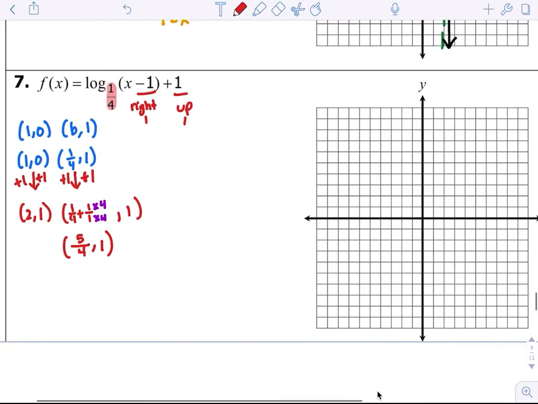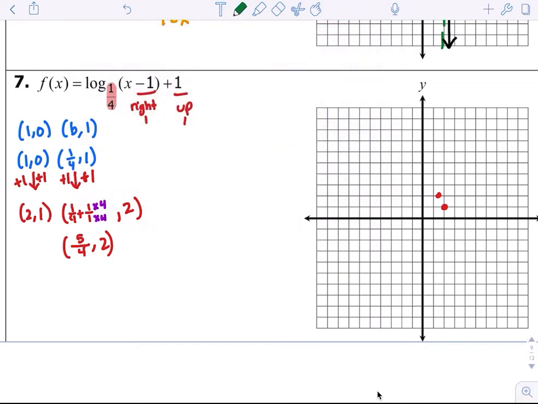So we're going to get (2, 1) right there. So 5/4, that's a little bit above 1. Oh, whoopsies, that's supposed to be a 2. So (2, 1), and then (5/4, 2) is going to look something like that.